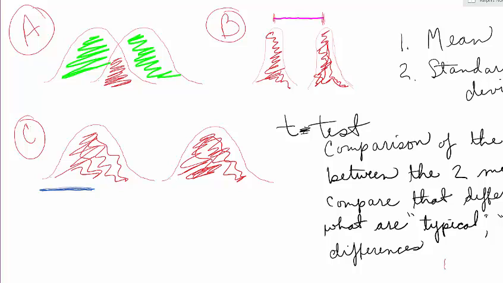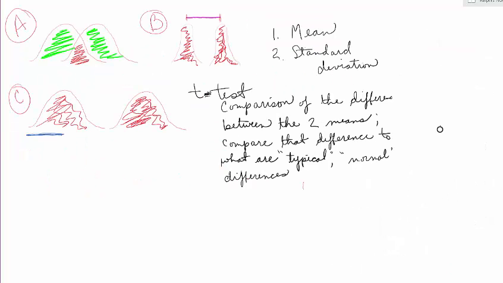So let's take an example of a scenario where we might use a t-test. Let's take a scenario where we are trying to compare two groups, and we'll see how this plays out arithmetically, mathematically.